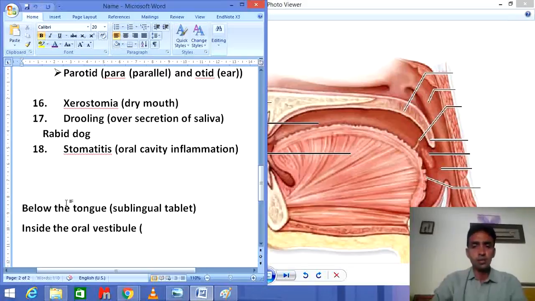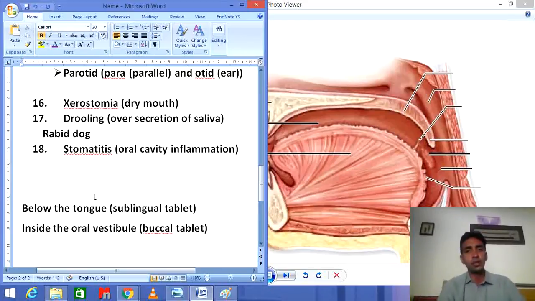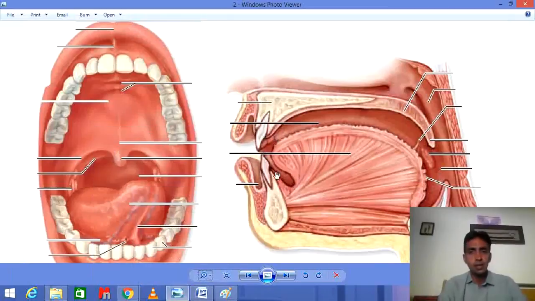And if you put some medicine inside the oral vestibule, those medicines are called buccal medicine or buccal tablets. Buccal tablets are put over here, just like snuff, which you call naswar in Pashto and Urdu. The sublingual tablets are put over here.